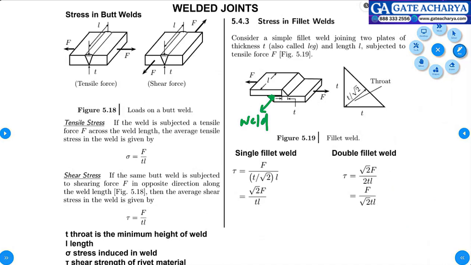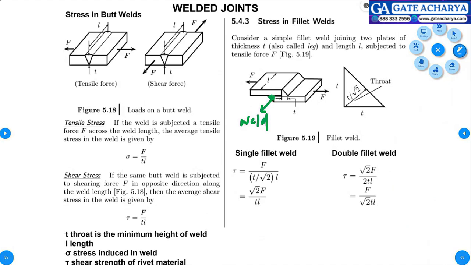So the first type of stress that I'm going to come across will be tensile stress. If the weld is subjected to a tensile force across the weld length, the average tensile stress in the weld is given by F by TL. T is the thickness, L is the length of the plate.